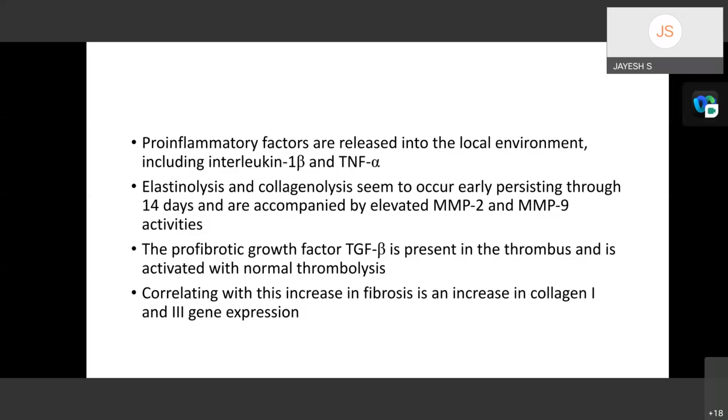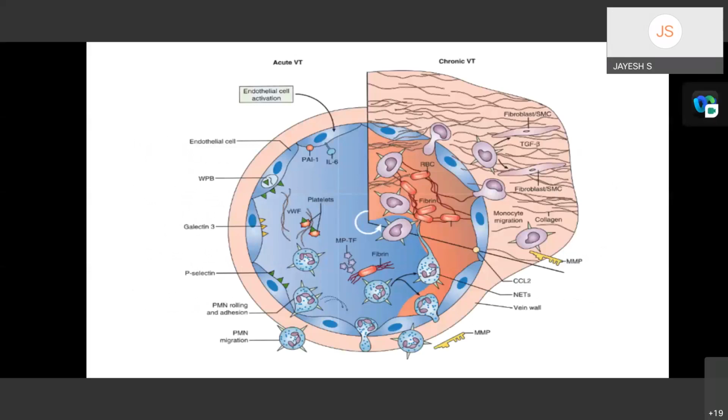Then after that, the fibrotic growth factor, transforming growth factor beta, will be released, and it is associated with normal thrombolysis. After that, fibrosis of the vein wall can occur due to the production of collagen 1 and 3. This is a figure showing early acute DVT and chronic DVT.